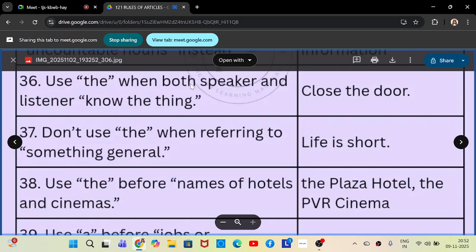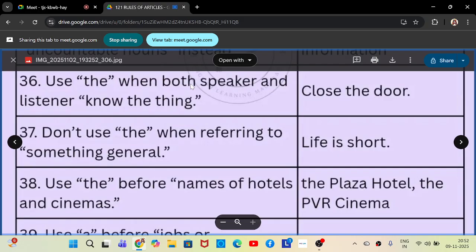use the when both speaker and listener know the thing. Okay. Imagine that I'm speaking about some movie. I also know about which movie I'm speaking. You also know about which movie I'm speaking about. So if both of us know about what we are speaking, we can use the.